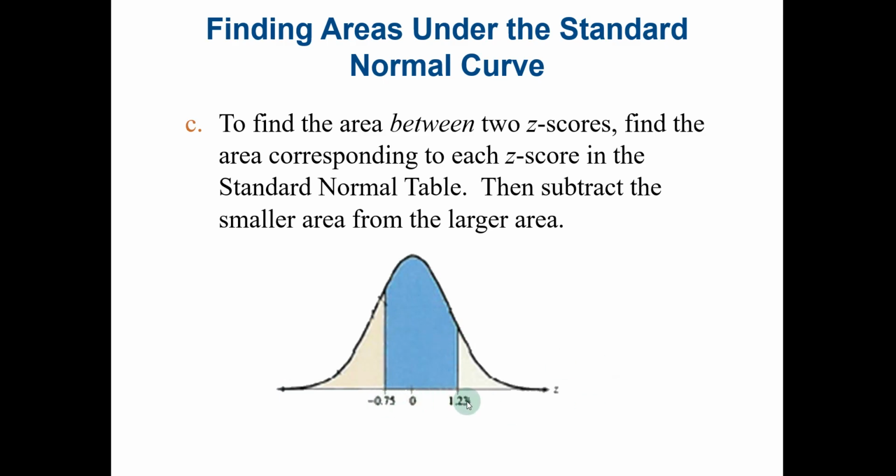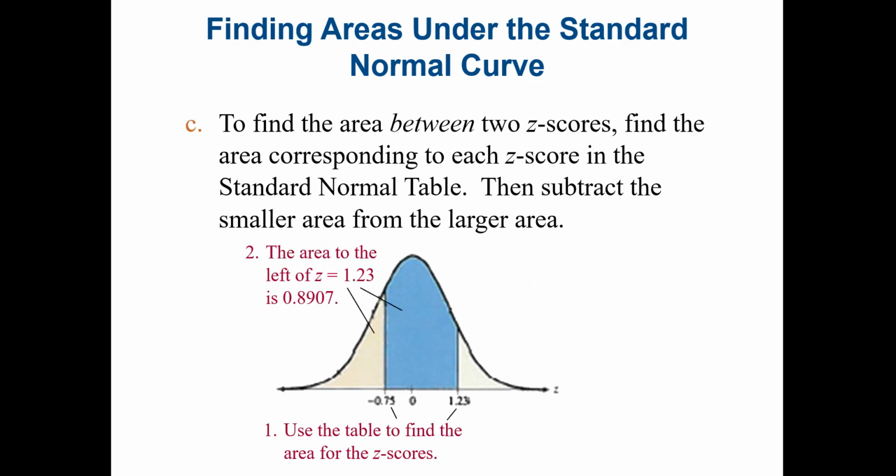So you look for the area of this first z-score, the area of the second, and you use the rule of thumb where you simply subtract the smaller area from the bigger area. That is always the case. There is never an exception. You always deduct the smaller area from the bigger one.